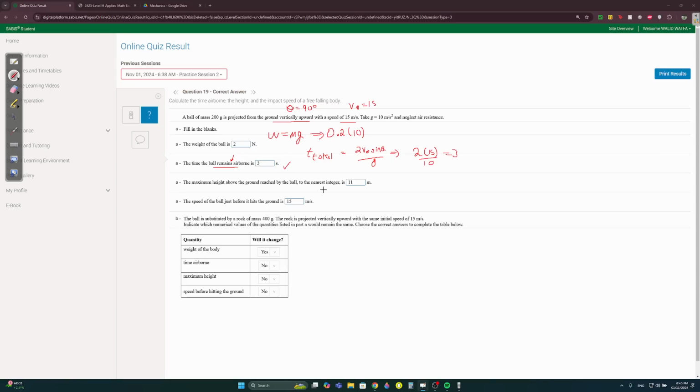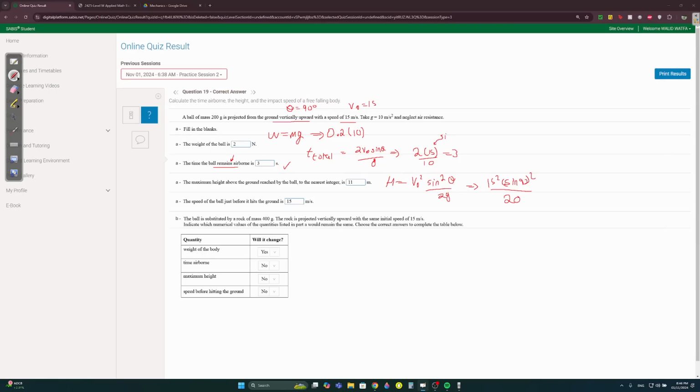The maximum height above the ground: height is equal to V node squared sine squared theta over 2g. So you're going to get 15 squared sine 90 squared over 20.